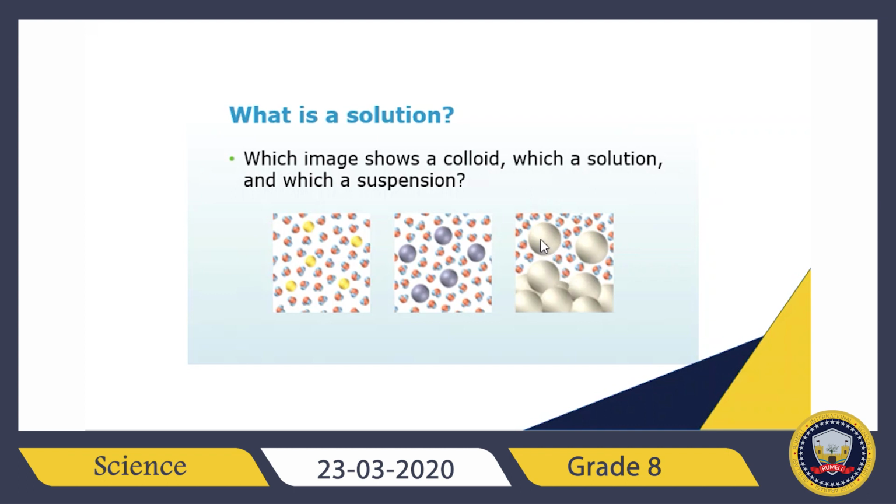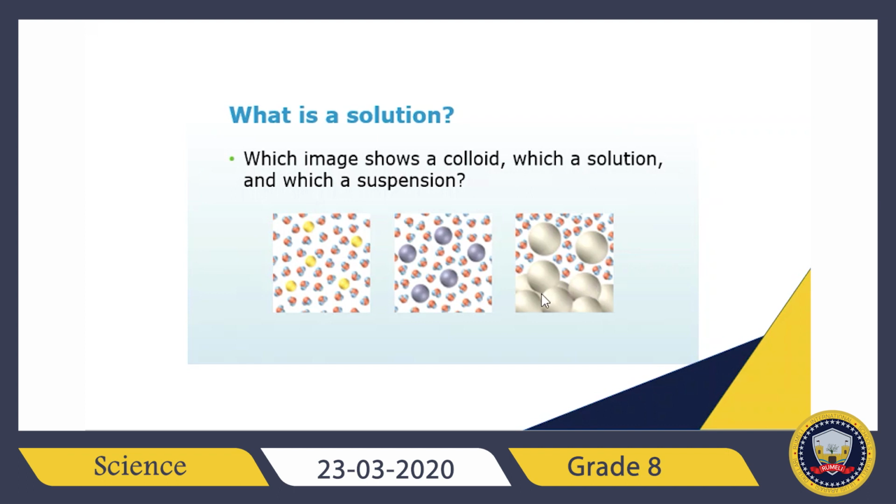You can see that the particles here are not evenly distributed through the mixture, as we saw in the colloid and solution. That's why we can expect the particles to settle out of this mixture. They will precipitate at the bottom of the container if we allow it to rest.